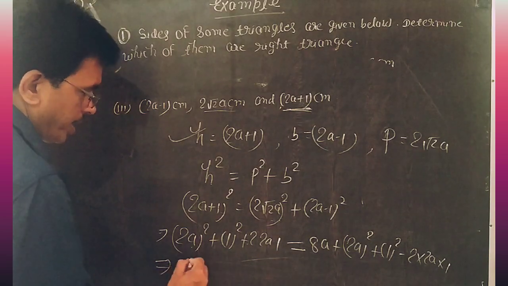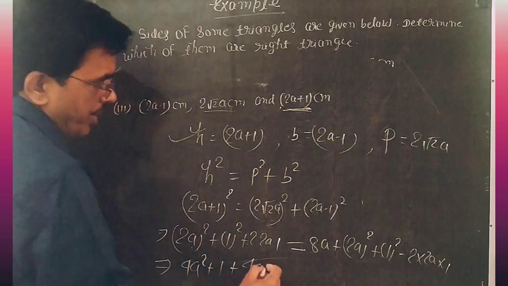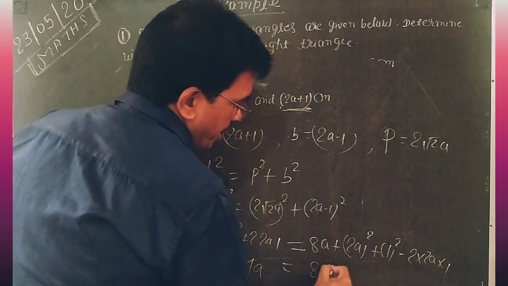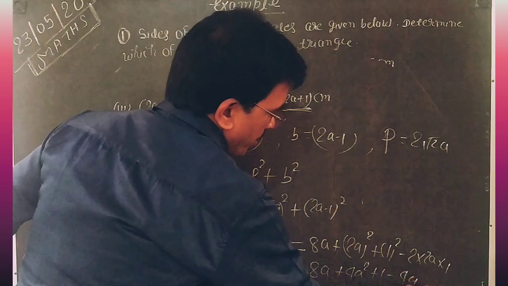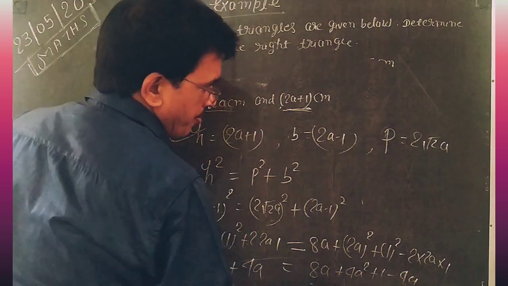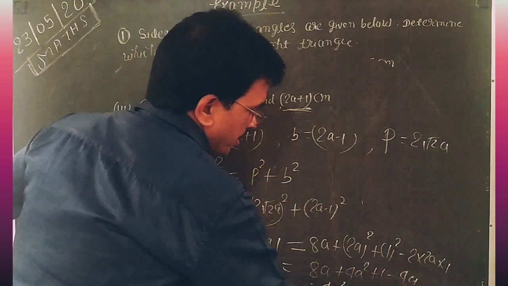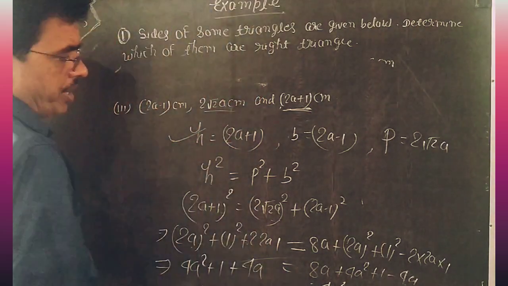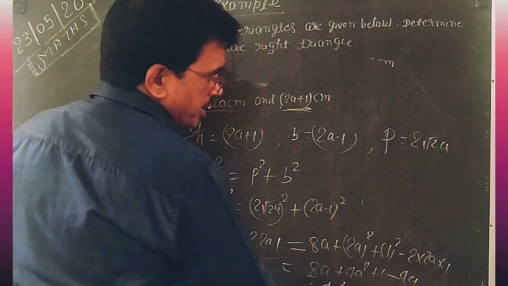What you get here is 4a square plus 1 plus 4a. Now you find both are equal. Here is plus 8a, here is minus 4a, the result is 4a.